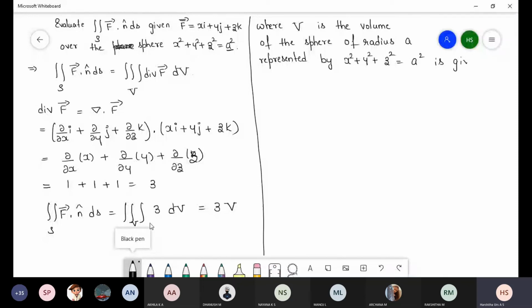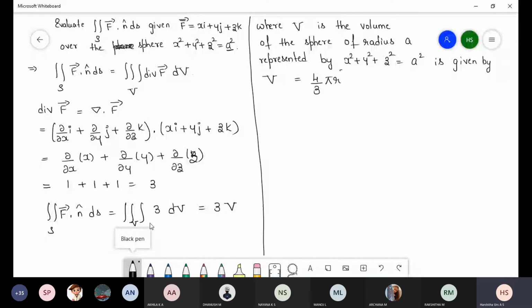The volume formula is 4 by 3 pi r cube. So here in the place of r we have a. So 4 by 3 pi a cube.